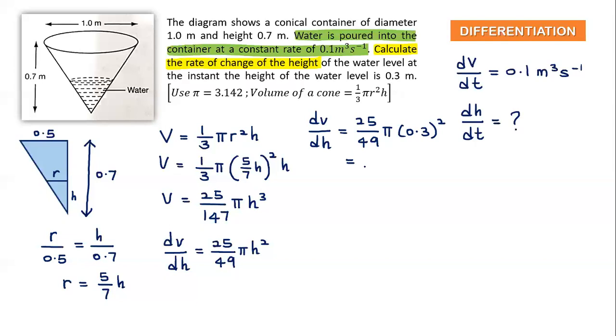So what are you going to get here? Times 0.3 squared, you're going to get 9 pi over 196. Class, I take 25 over 49 and times 0.3 squared. So I get 9 over 196 and the pi I put on top. Okay, done.